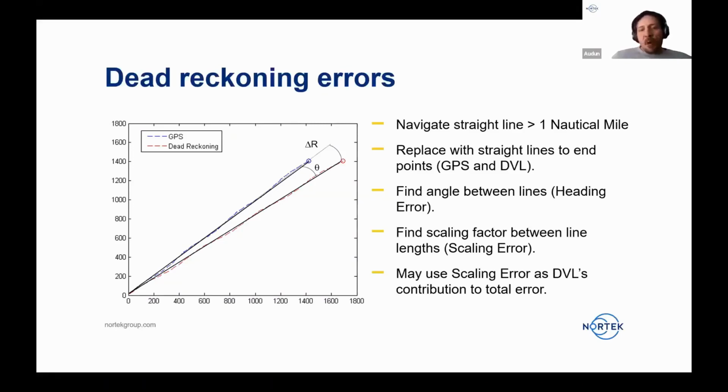Both of them are going to be subject to biases, but both of those biases are going to come in the form of a scale factor, right? So if I have a very small cross-track velocity, and that's only off by, let's say, a 0.1% bias, then the contribution to that angle is going to be very, very small compared to the contribution from the heading sensor itself. So we're going to say that we're only going to look at the scaling error and say that that's the contribution from the DVL and the rest is from the heading sensor.